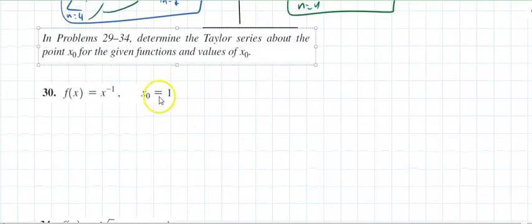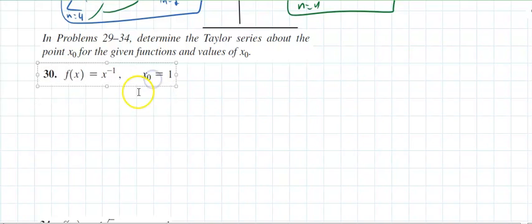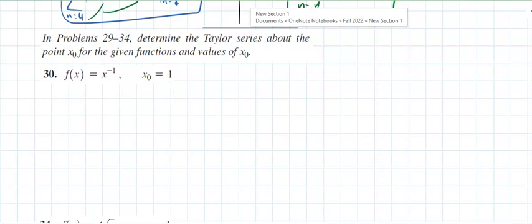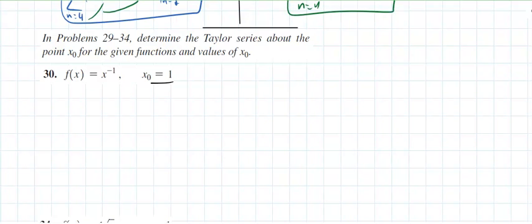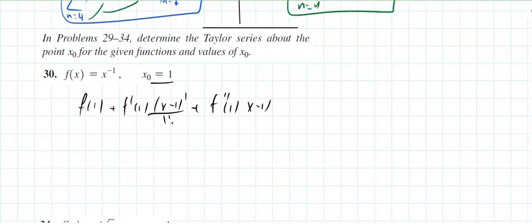And if you recall how Taylor polynomial works, we say this is about x equal 1. So we say this is f of 1 plus f prime of 1 times x minus 1 to the 1 over 1 factorial plus f double prime of 1 times x minus 1 squared over 2 factorial plus f triple prime of 1 times x minus 1 cubed over 3 factorial.